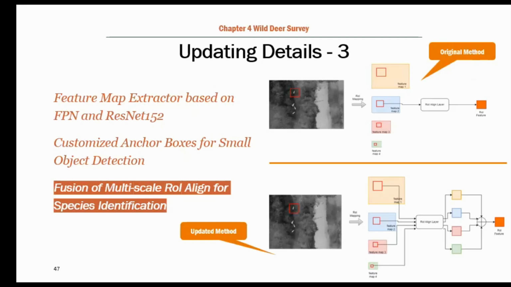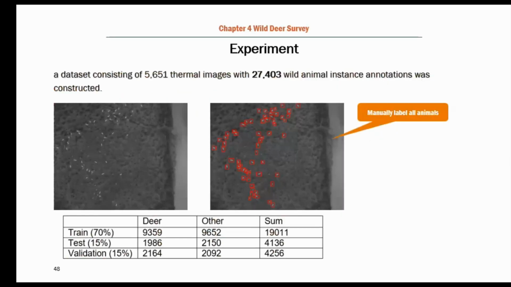If the object size is large, one feature map is enough. But in my research, the size of the animals in the thermal image is small, so one feature map is not enough. So I use multiple feature maps to construct the ROI feature map. In this way, I can improve the accuracy of species identification.